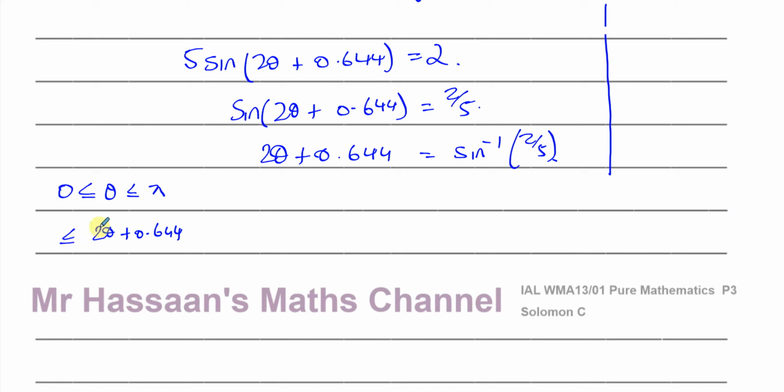So I have to basically multiply 0 by 2 and add 0.644. So my answers have to start from 0.644 and they end, and I have to multiply pi by 2 and then add 0.644. So let me just do that.